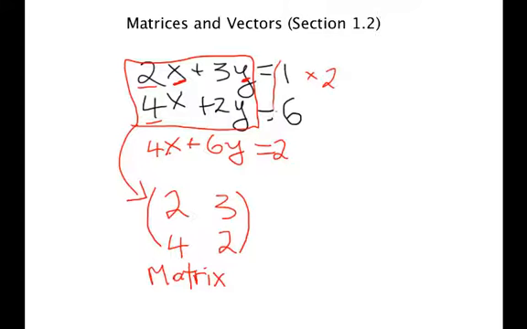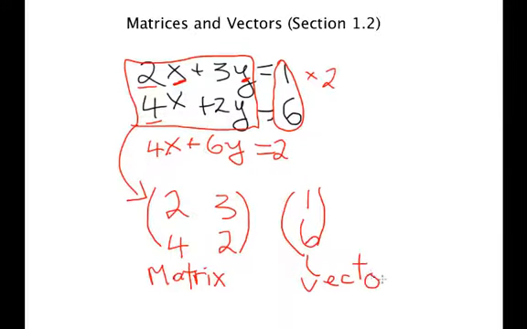And similarly, you take this over here and you write them as 1, 6, and that's an example of a vector. And what we're going to do now is have a little digression and talk about some formal operations on matrices and vectors, which are then going to be what we use to simplify solving systems of equations.